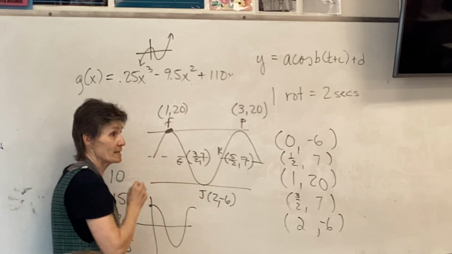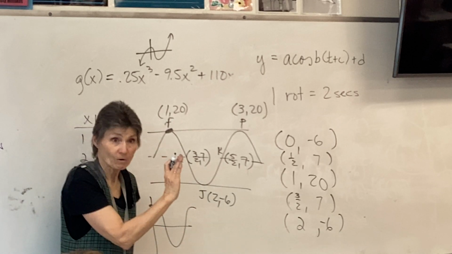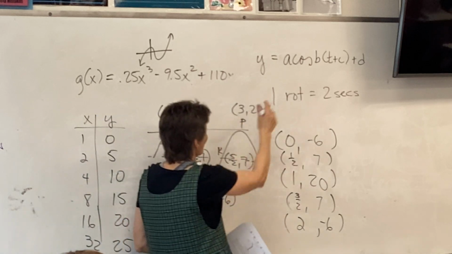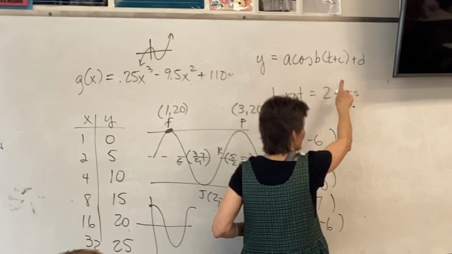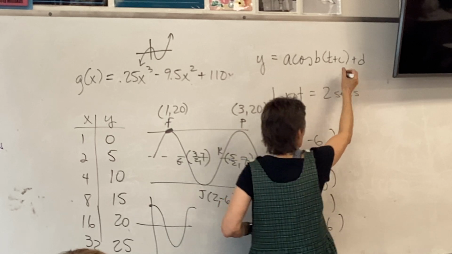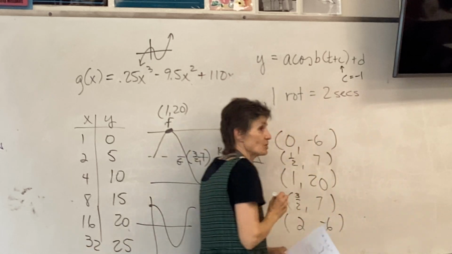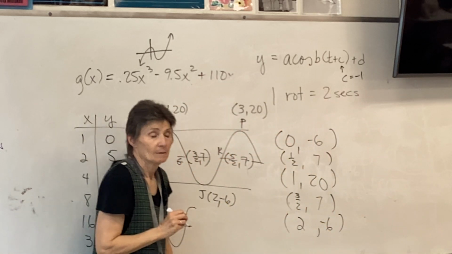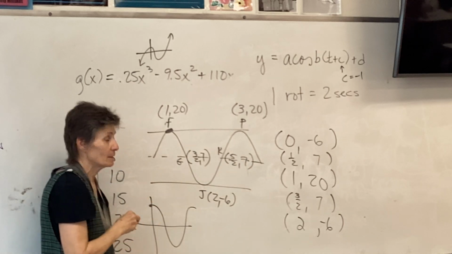This one is starting at 1, so I have shifted it over. Where does that show up in my equation? That shows up as C. And do I want C to be a +1 or a -1? -1. So C is going to be -1, because I'm starting at 1 instead of 0.